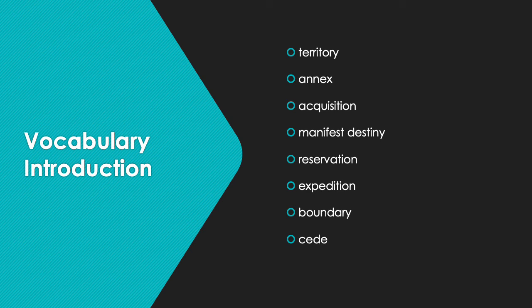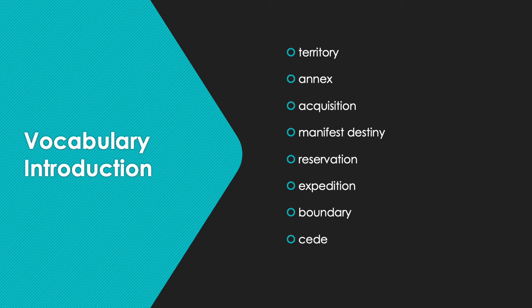The terms are territory, annex, acquisition, manifest destiny, reservation, expedition, boundary, and cede. So when we're looking at these terms, you're going to obviously think that some of them are familiar. We talked about quite a few of them today. So they will get more simple as you go on and you'll get more used to them.